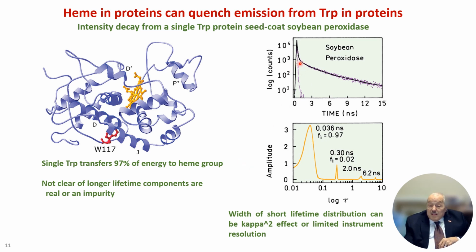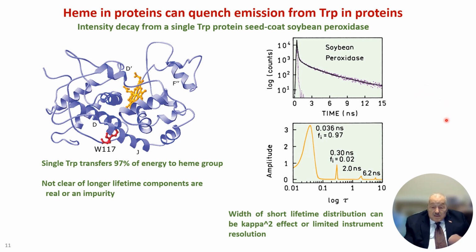If you look at the intensity decay of this protein, which is a peroxidase, you see a very rapid initial intensity decay, and then a much longer, slower intensity decay.